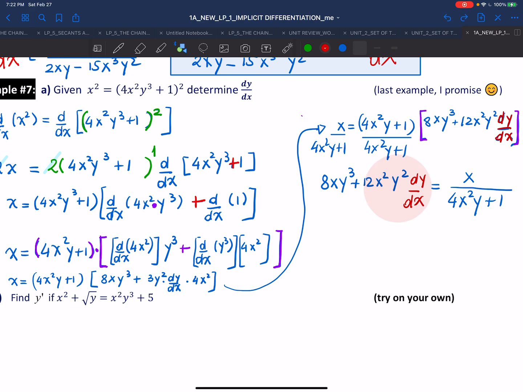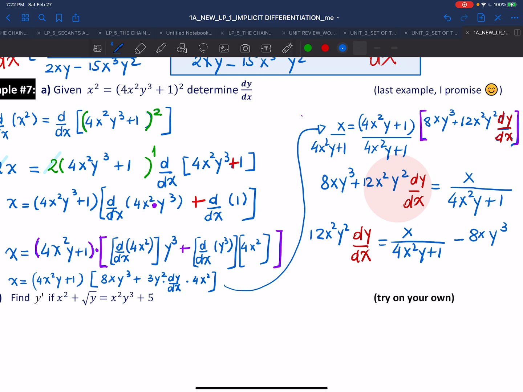That's the one we want to isolate, which means that 8xy cubed can move to the other side. So we'll have 12x squared y squared dy dx equals x divided by 4x squared y cubed plus 1 minus 8xy cubed.